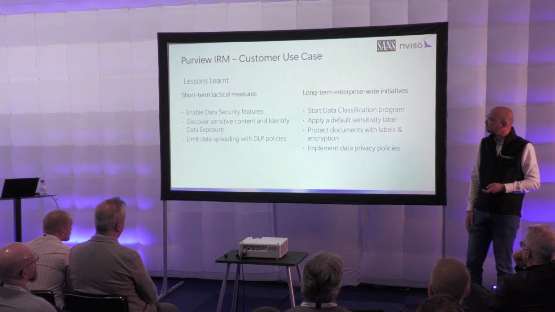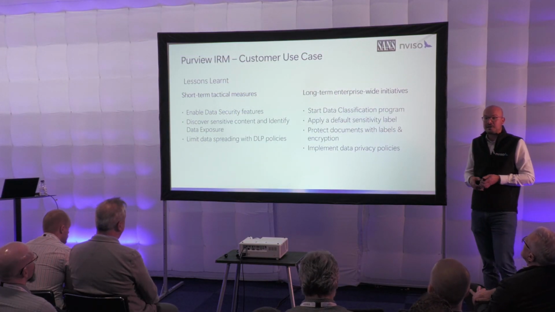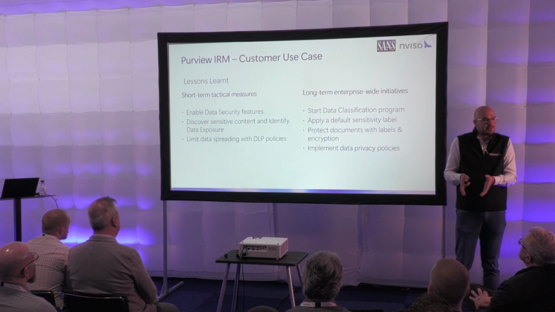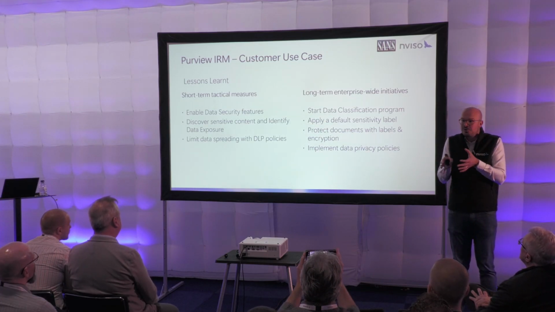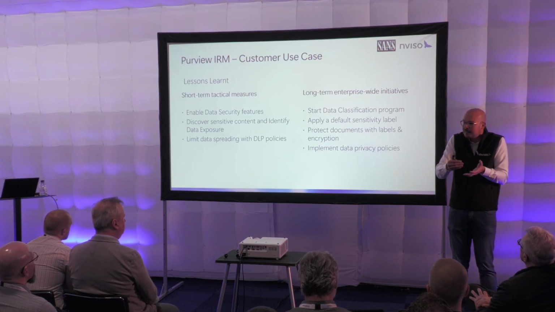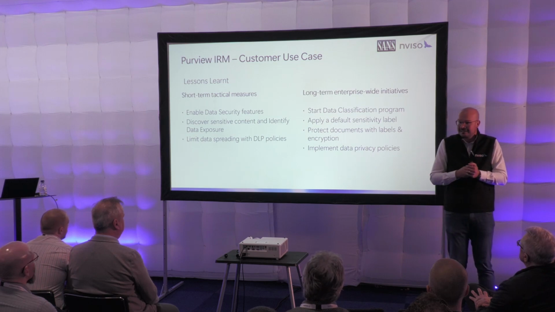That's the idea. Now maybe some quick lessons learned. I think if you want to start, the idea is that you start immediately with that insider risk management module. Hopefully there's already monitoring in place. It gives the security people a lot more insight into what people are doing with the data itself.